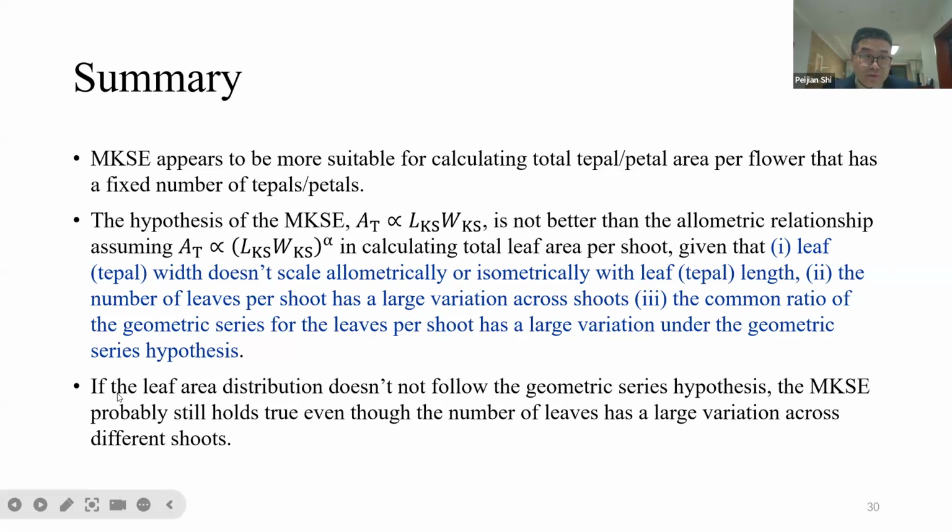Here, I need to point out that if the leaf area distribution doesn't follow the geometric series hypothesis, the MKSE properly still holds true even though the number of leaves has a large variation across different shoots. But I don't show this example.